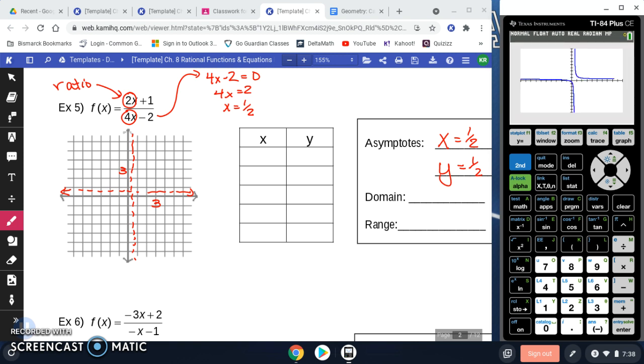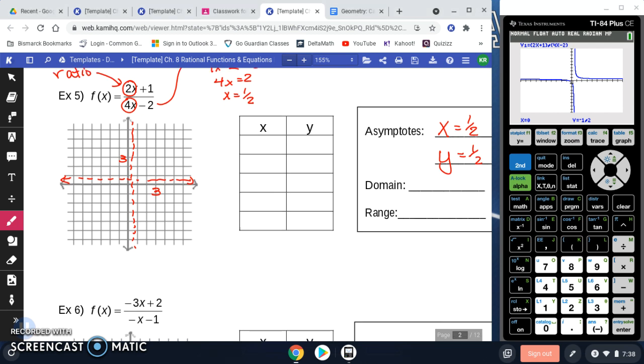Okay, graph it. All right, so again, I can do trace. Remember, you can also go to your table and look at a table of values to get a few points. So here I have 0, negative 1/2. What do I get if I go to 1? Oh, yeah, 1 is on the other side of that vertical asymptote. Okay, so I've jumped over there.